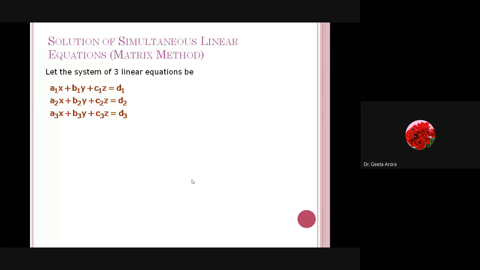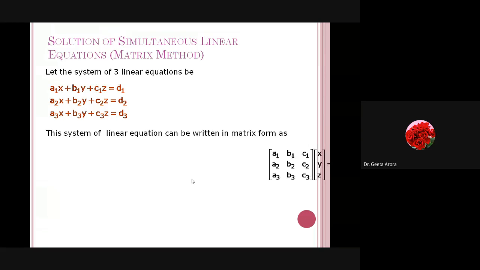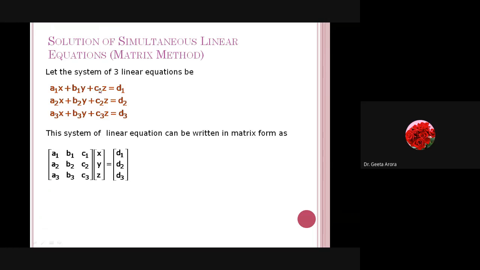We say 3 cross 3, though it looks like equations, because when we write down the matrix related to it, it will actually be 3 cross 3. So if we write it in matrix form, we can write it like this. Here we can see the coefficients A1, B1, C1, and this is for X, Y, and Z. We are looking for the 3 variables X, Y, and Z, for which we are going to obtain the solution.